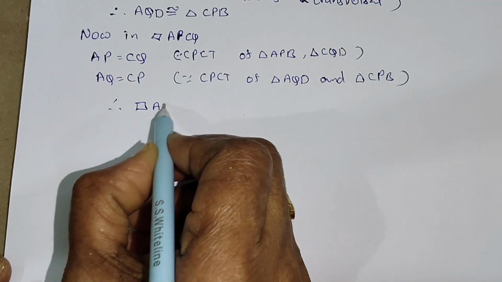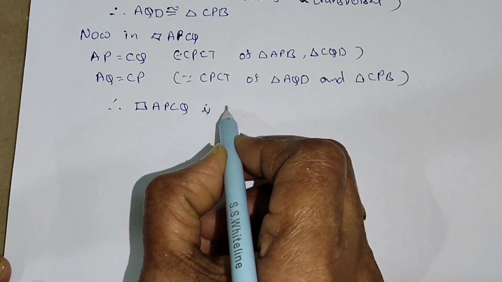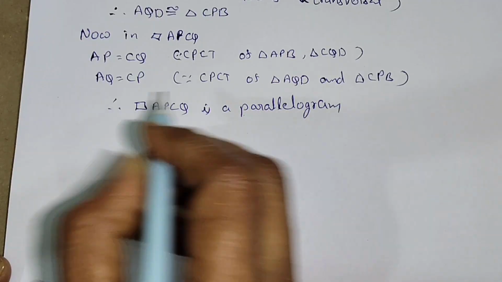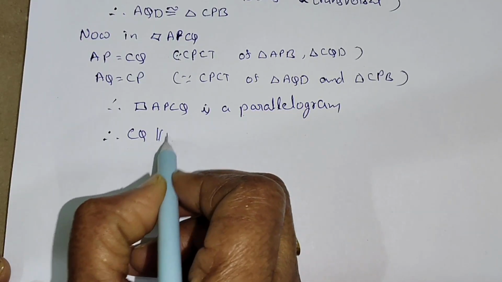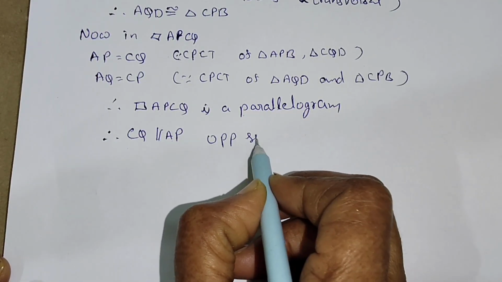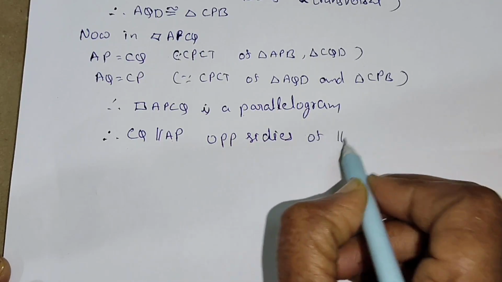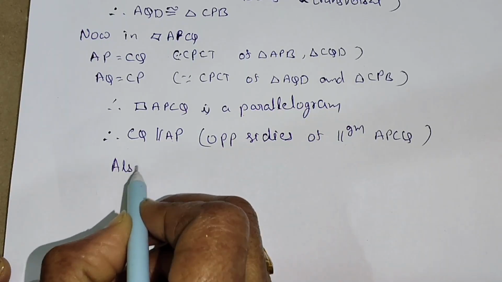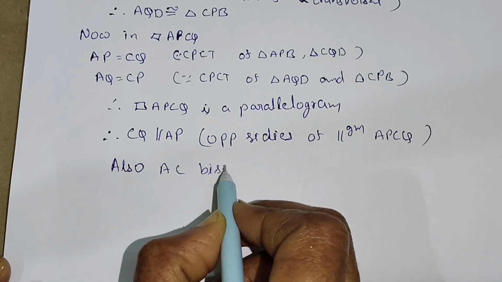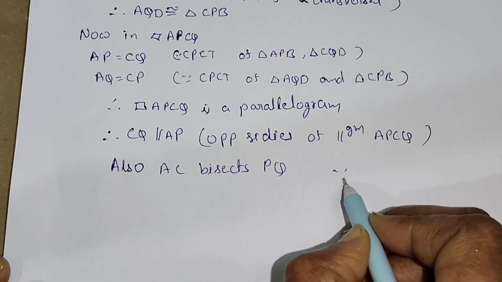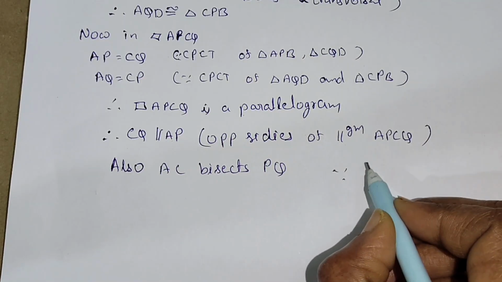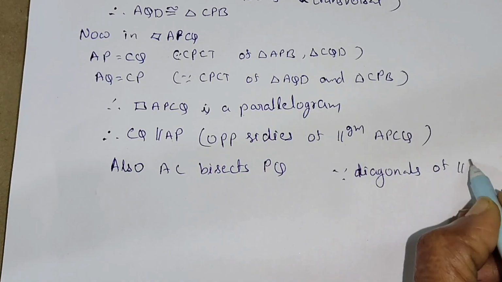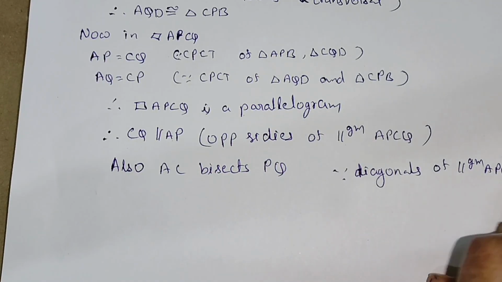Therefore APCQ is a parallelogram. Therefore CQ is parallel to AP, opposite sides of parallelogram APCQ. Also AC bisects PQ, diagonals of parallelogram APCQ. Hence proved.